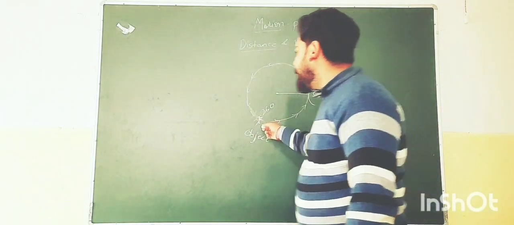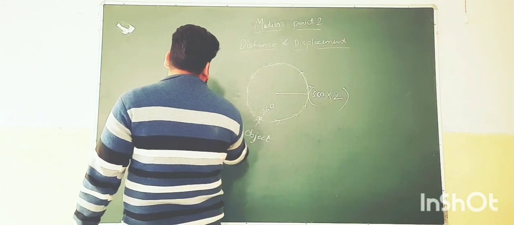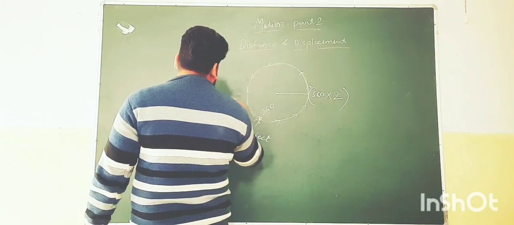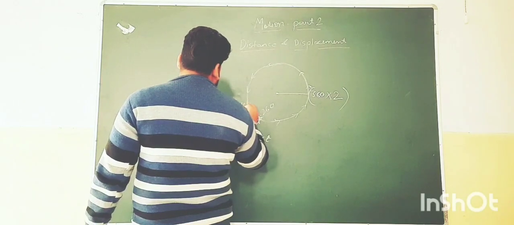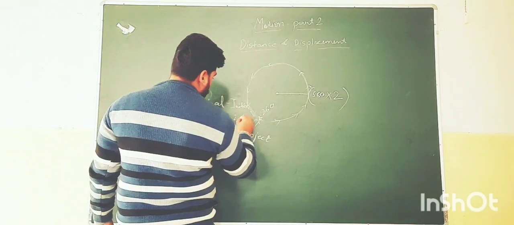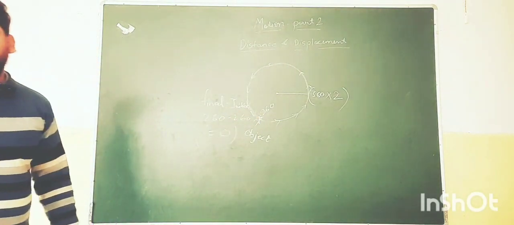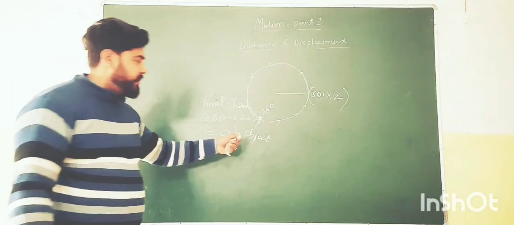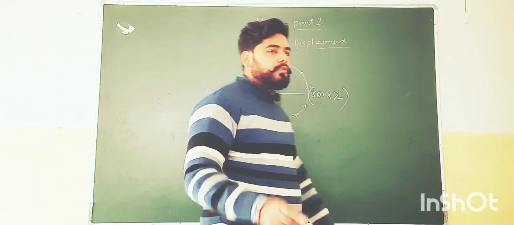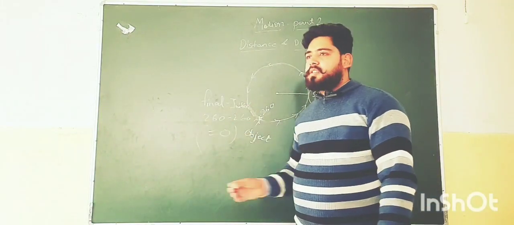No. Final and initial, both positions are the same. Final minus initial means if we just subtract it, 260 minus 260, what will come? 0. Final minus initial, according to the displacement rule, there will come 0. So that's why we can say there is no displacement in this case.